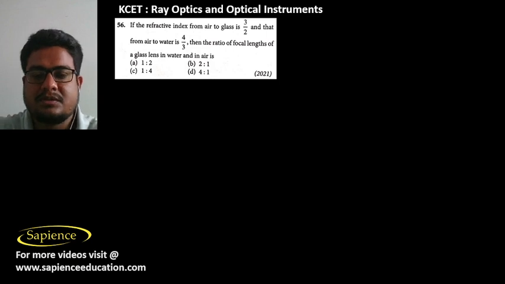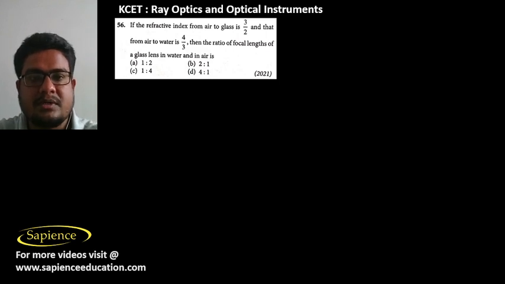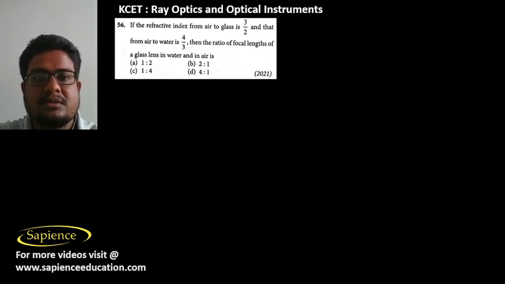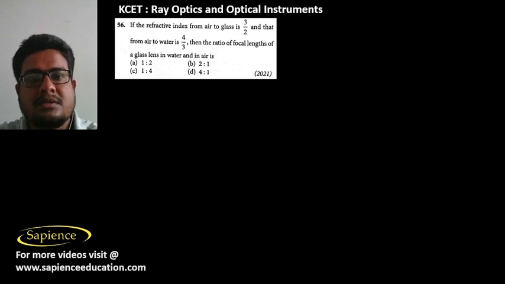Question number 56 is told, if the refractive index from air to glass is 3 by 2 and that from air to water is 4 by 3, then find the ratio of focal length of a glass lens in water and in air.